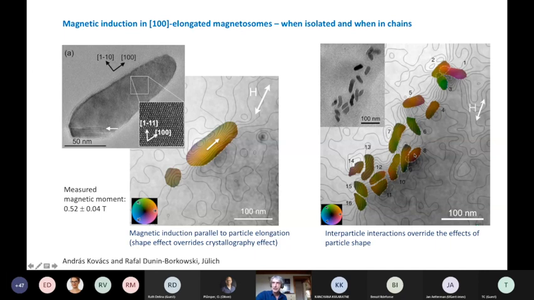And that's because the magnetic field of these neighbors forces the magnetic induction to be parallel to basically the chain axis. So from this, we can gather that these interparticle interactions override the effects of particle shape. So the most important in such a system is the arrangement of particles. The second most important is the shape of the particles. And third is the magnetocrystalline anisotropy.